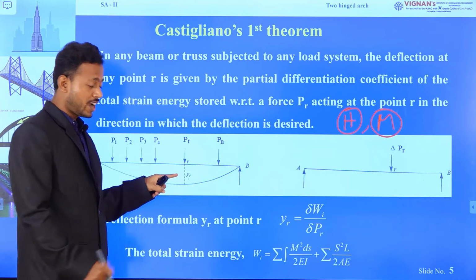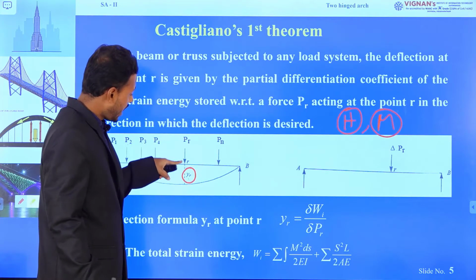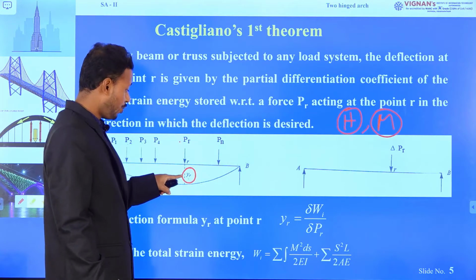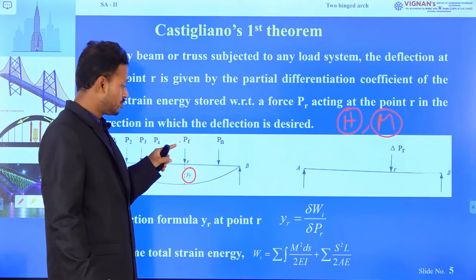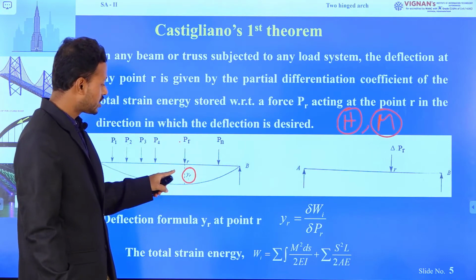Now, we will find out what the deflection is. The deflection at point r due to the load system Pr is yr. Now, we will evaluate what yr is.